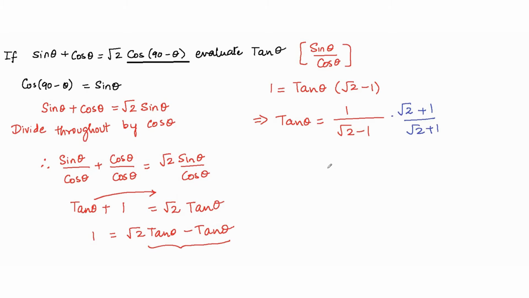So tan theta is root 2 plus 1 the whole divided by a minus b into a plus b, which becomes a square, that is root 2 the whole square minus 1 square, because we have rationalized the denominator now. Therefore tan theta is root 2 plus 1 upon 2 minus 1, which is 1, and therefore tan theta is equal to root 2 plus 1.